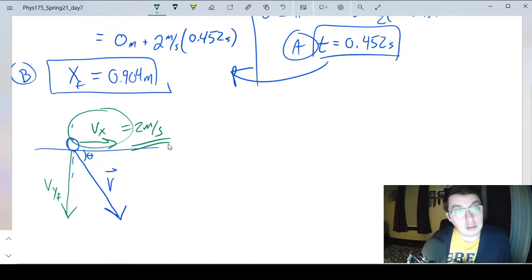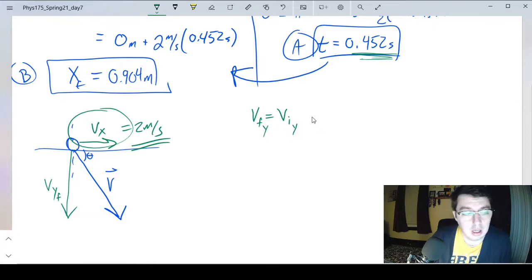In the y direction, we have acceleration, but since we found the time, now we can solve for the velocity that we get after allowing the velocity to change for that long under the acceleration of gravity, right? We know that the final speed is equal to the initial speed in the y direction, vfy equals viy, plus acceleration in the y direction times t.